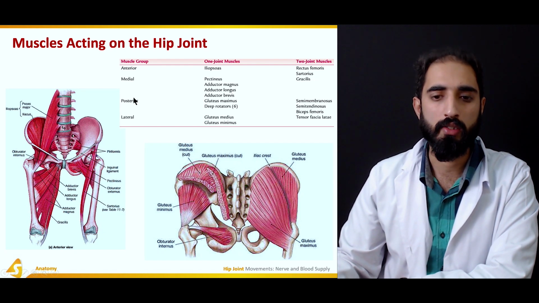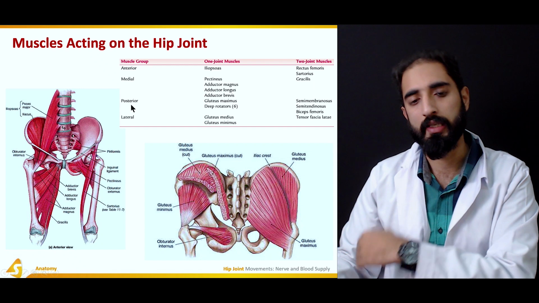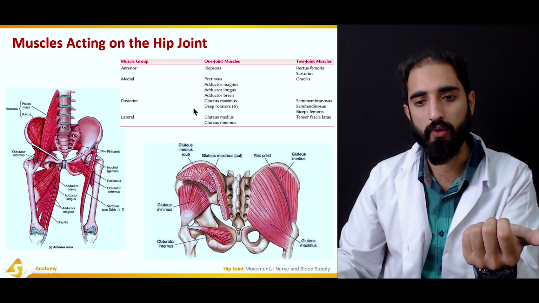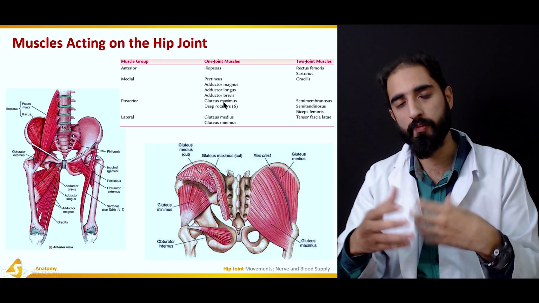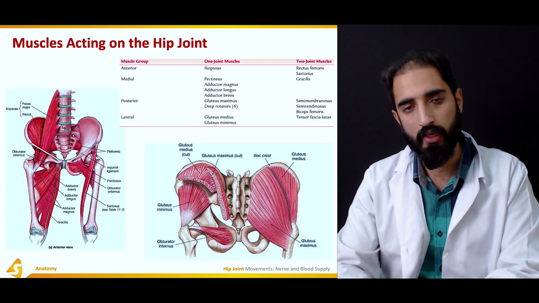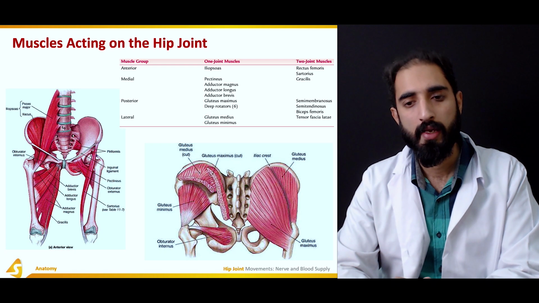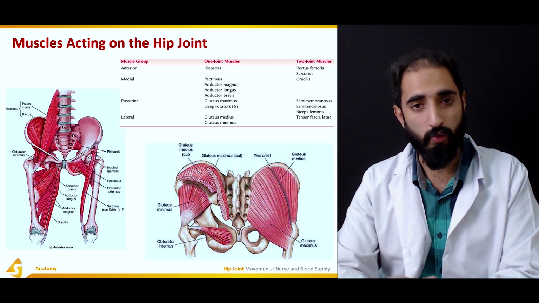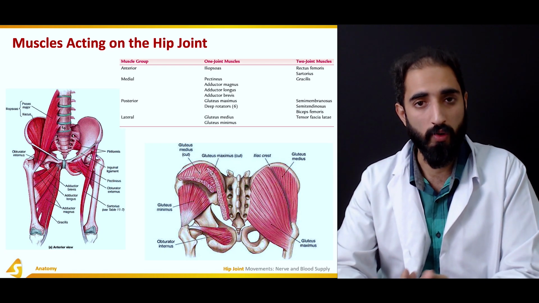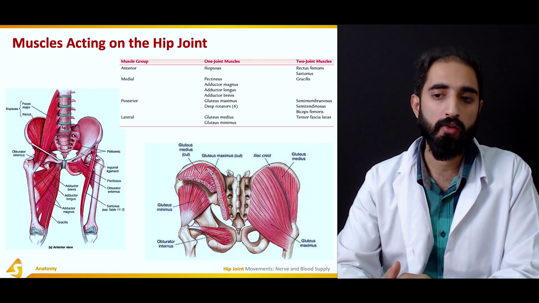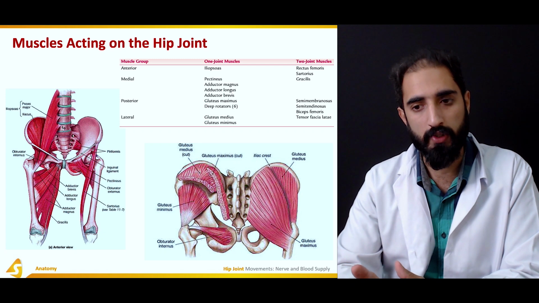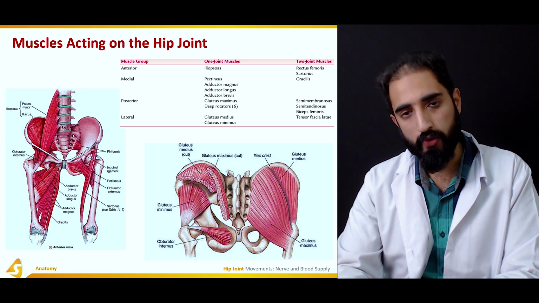If we talk about the muscles located posteriorly at the level of the hip, we have the gluteus maximus, which makes a major part of the contour of the hips, and the deep rotators, which are a total of 6 in number, including obturator internus, obturator externus, etc. We also have multiple joint muscles which make up the hamstring group of muscles.